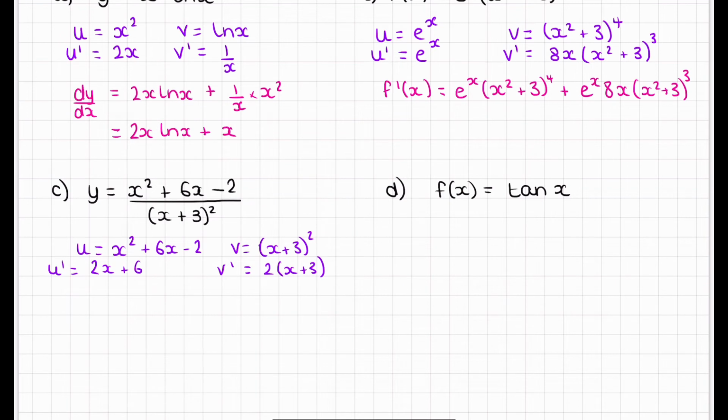Now apply the quotient rule. So we want u dash v first. So it would be (2x plus 6) multiplied by (x plus 3) all squared, minus v dash u.